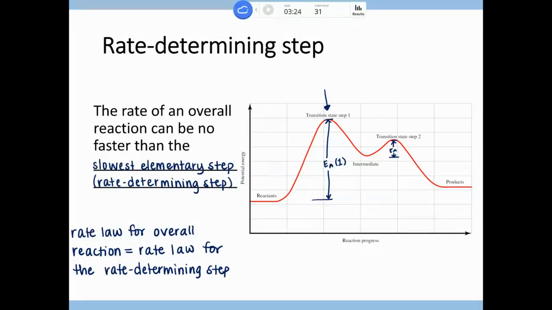This is our rate determining step here. So highest activation energy means we have the slowest step, which is the rate determining step.